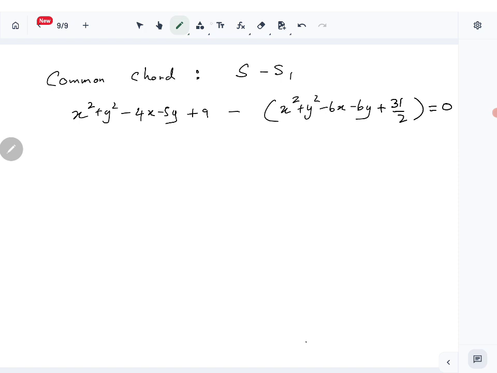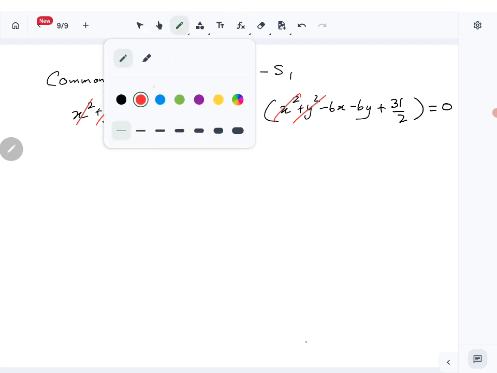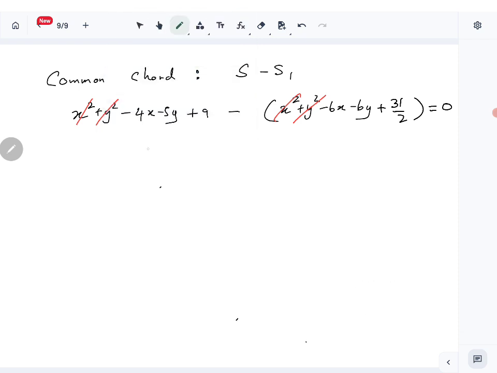So simplify: x and y squares cancel, minus 4x plus 6x is 2x, minus 5y plus 6y is y, plus 9 minus 31 over 2 equals 0. So 2x plus y minus 13 over 2 equals 0. That is the chord, right?